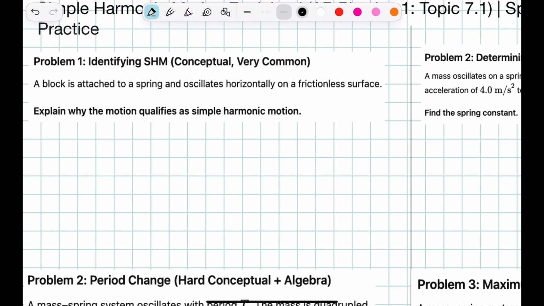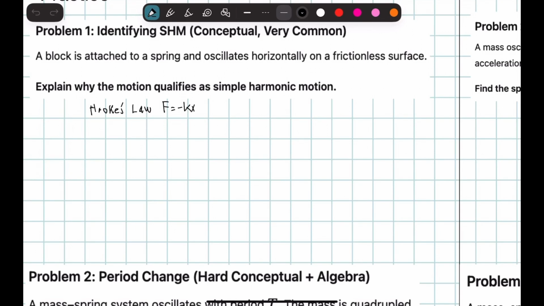So, okay, we have identifying simple harmonic motion. A block is attached to a spring and oscillates horizontally on a frictionless surface. Explain why the motion qualifies as simple harmonic motion. Well, we know that it qualifies as simple harmonic motion because it has to obey Hooke's law. And we know that Hooke's law is F is equal to negative kx.